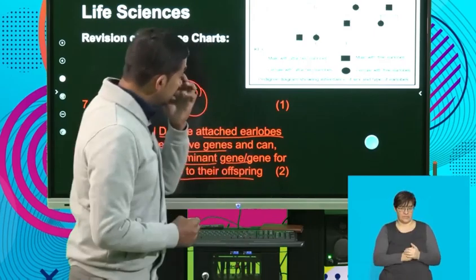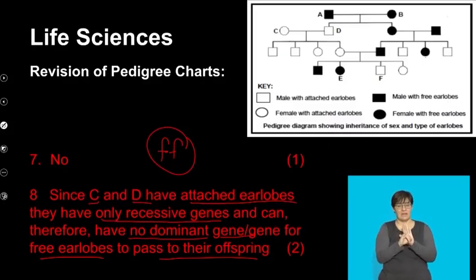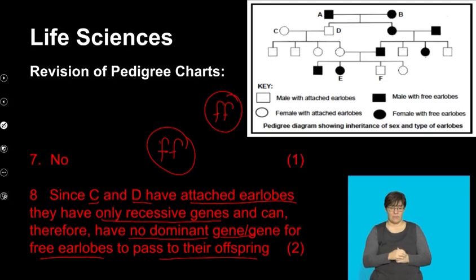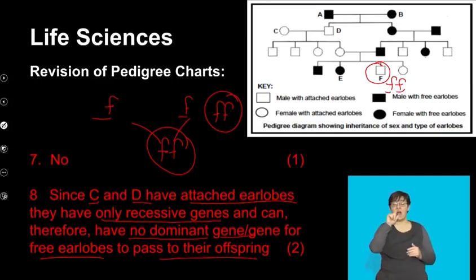Okay, and guys, as I mentioned earlier on, the key to working out many pedigree diagrams is to identify what I refer to as the individuals that are affected or homozygous recessive, because you've got to know that when an individual has these recessive alleles, it means that both the parents have to have the recessive allele. So when we look at this individual here, which is individual F, and if we allocate that individual the recessive alleles, it's important that we recognize this fact, that during independent assortment, each of these alleles come from the parent.